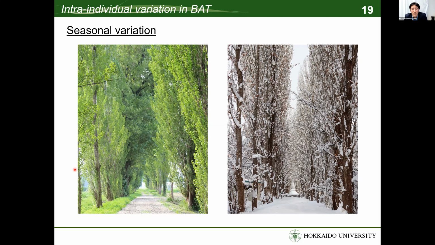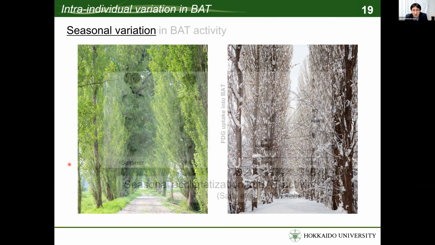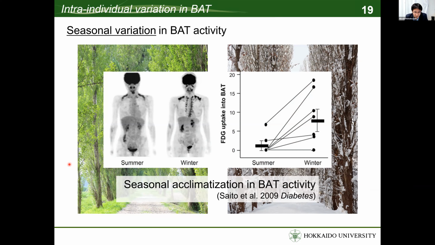Then let me move on to the next topic about the intra-individual variation. And this picture shows the seasonal variation in the poplar trees in my campus. And human BAT activity.